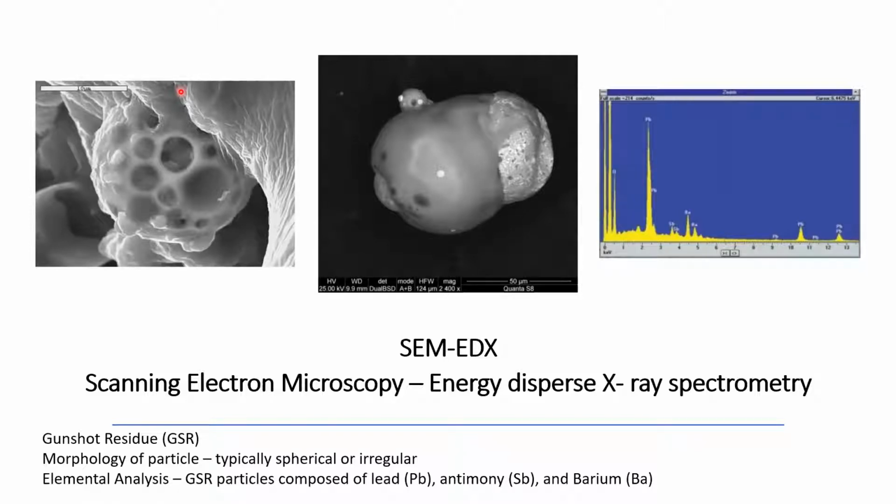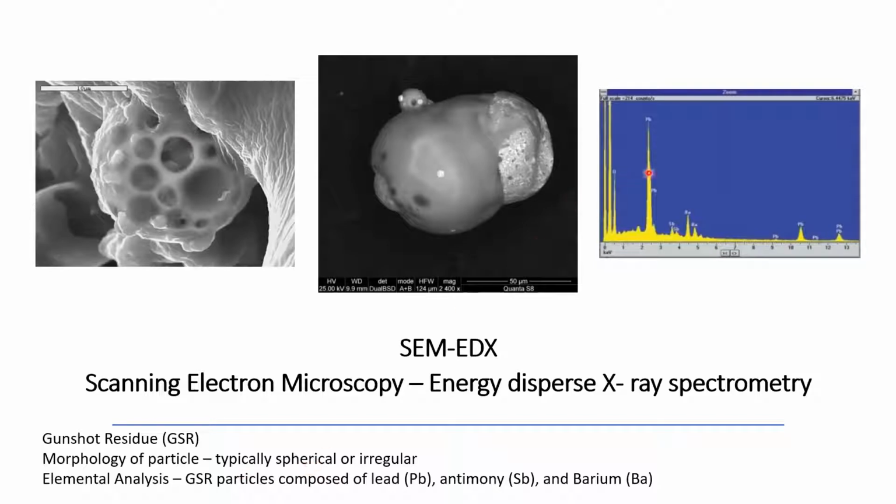And those that are irregular shaped are 0.5 micrometers to 100 plus micrometers, which is still extremely small. So here you can actually see the morphology of these individual gunshot residue particles. You can also see that at one point they were molten. And then this EDX portion of the microscope allows you to do an elemental analysis. So now you can see what these GSR particles are composed of.